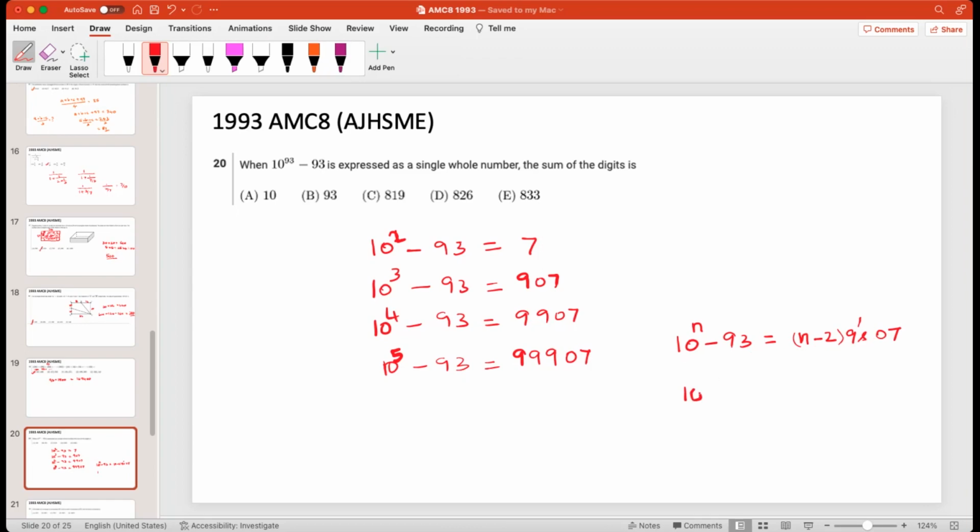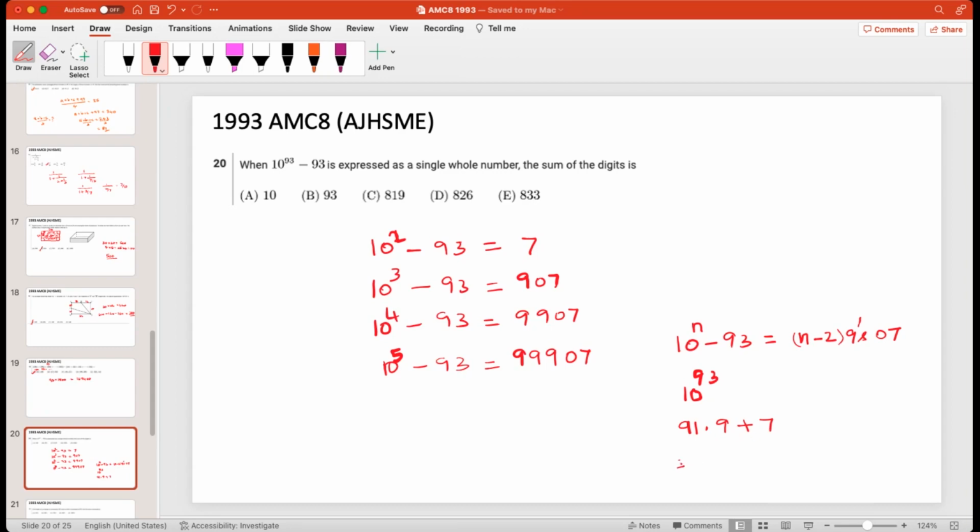So I'm going to say 10 power 93. Let's use the generic formula. So this is going to be n minus 2, so this is 91 nines. We want the sum, right? So 91 into 9 plus 7, correct?